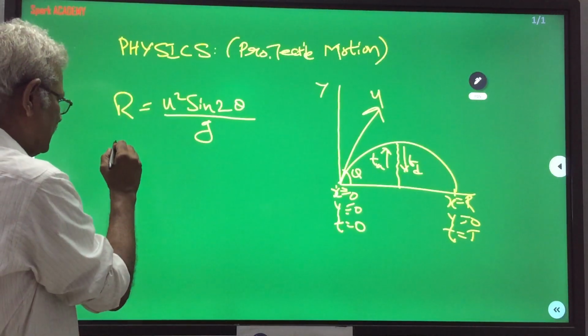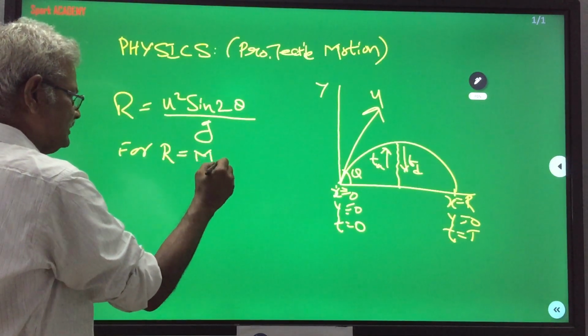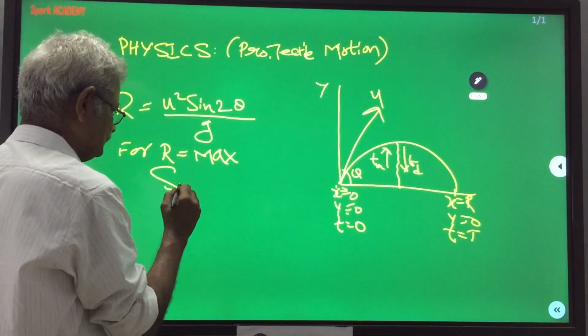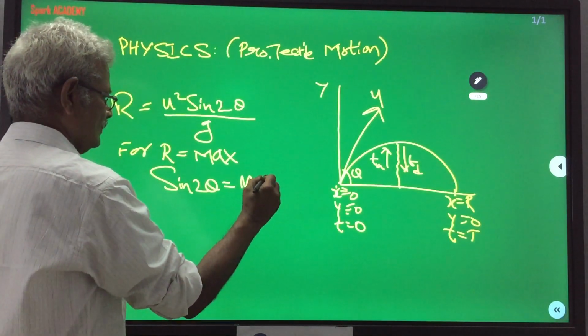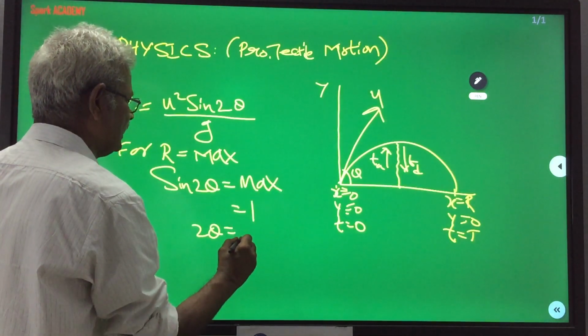So for R to be maximum, what should be maximum on the right side term? Sin 2 theta should be maximum. So that means this is equal to how much? 1. So therefore 2 theta is 90 degrees.